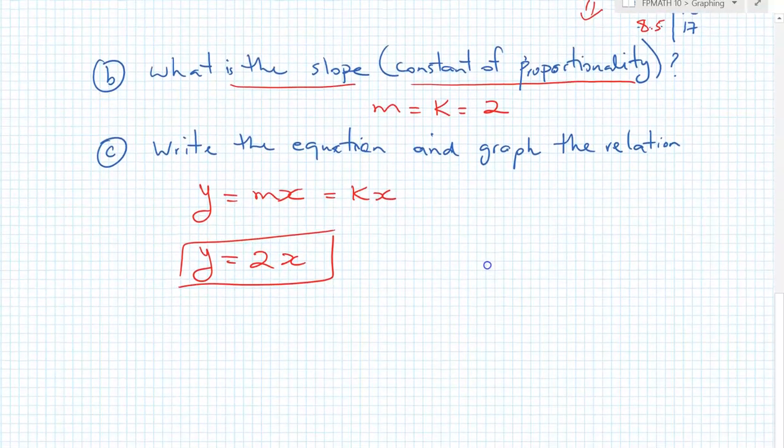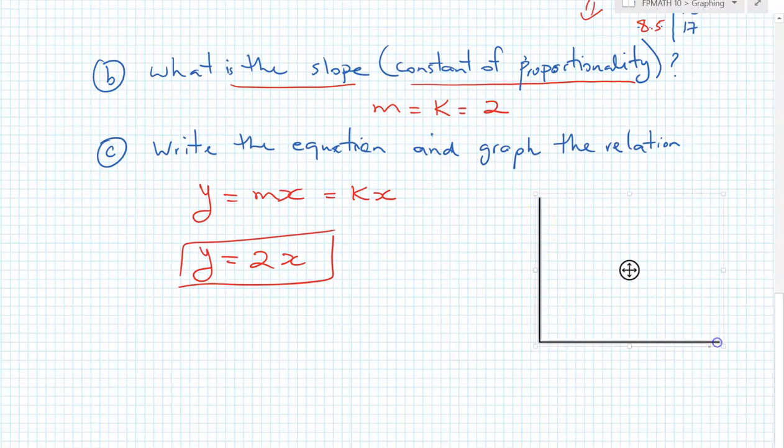And then go ahead and graph that. Graphing that should be straightforward. Make sure that you have an x and y axis, but it is positive, so it makes sense to use positive values. In this case, the slope is 2, so you go up from 0.